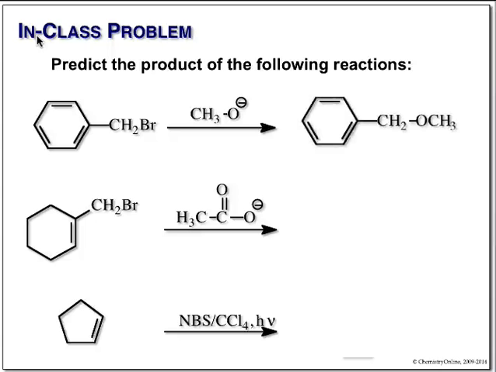That's allylic. Remember, a carbon adjacent to a double bond is an allylic carbon. Oh, I forgot to do the reaction. So, the oxygen attacks, bromine leaves, and in this case we get the ester.